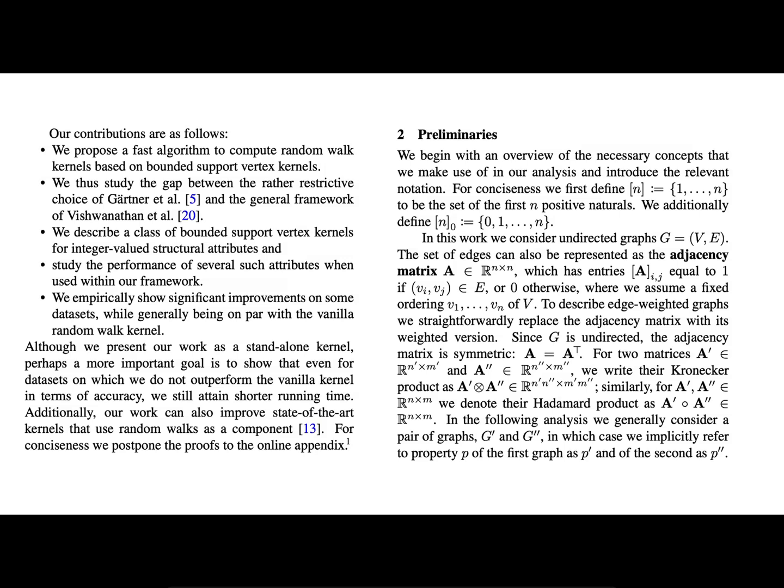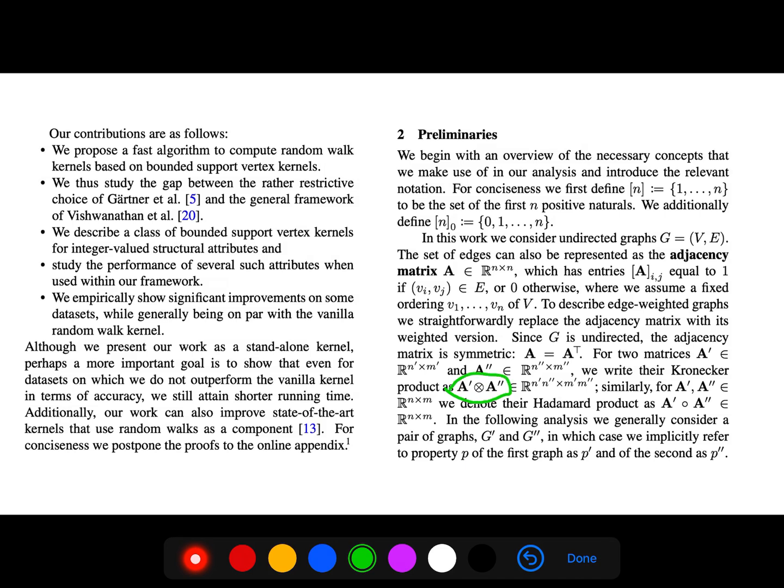So we consider the Kronecker product between two matrices, A prime and another matrix. We generally consider a pair of graphs, in which case we implicitly refer to properties of the first graph and the second graph.